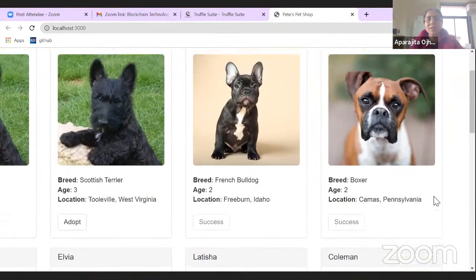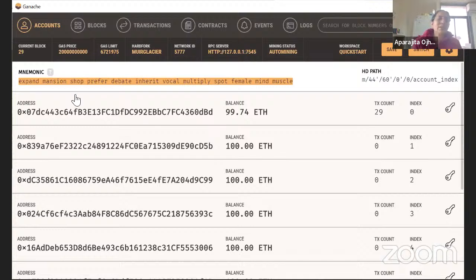The only thing is, where am I right now, in which network am I? I am in the network which is created by Ganache as a test network. Ganache is the environment which gives you a facility for creating networks.